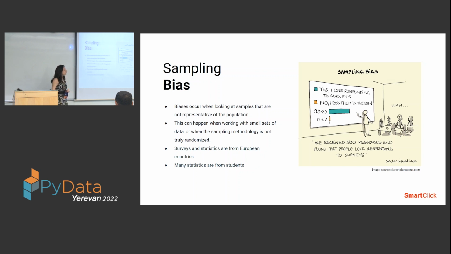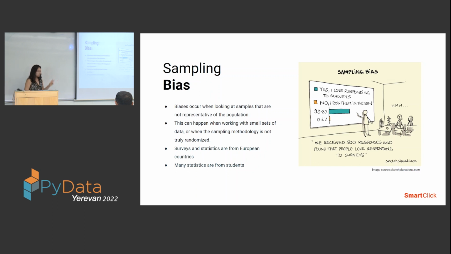So this is the sampling bias, a bias that occurs when looking at samples that are not representative of the whole population, right? You're taking a small sample of the population and then scaling it up to the whole population and claiming that this is what everybody thinks. And it can be in the cases where our data is not truly randomized.